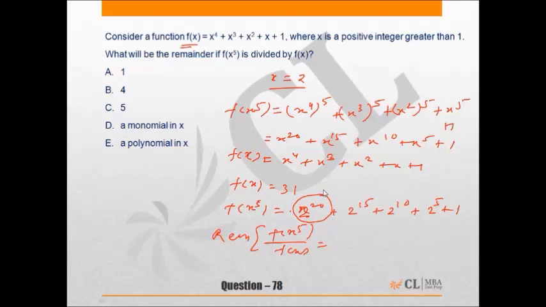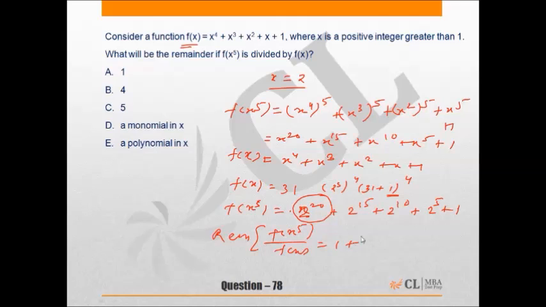and this can be checked, like 2 raised to power 20 can be written as 2 raised to power 5 raised to power 4, and 2 raised to power 5 can be written as 30 plus 1, raised to power 4, and when we divide (31 plus 1) raised to power 4, remainder is 1.